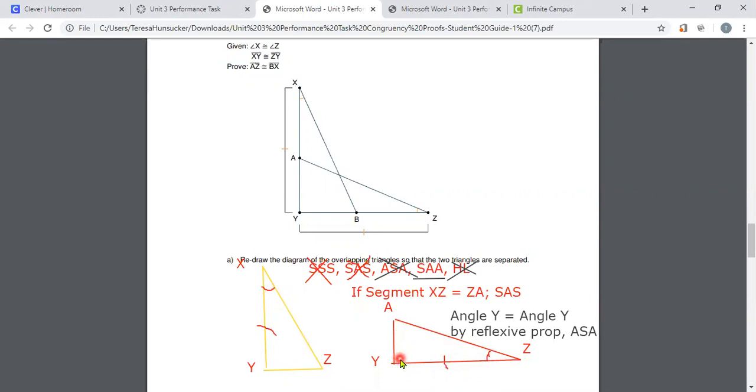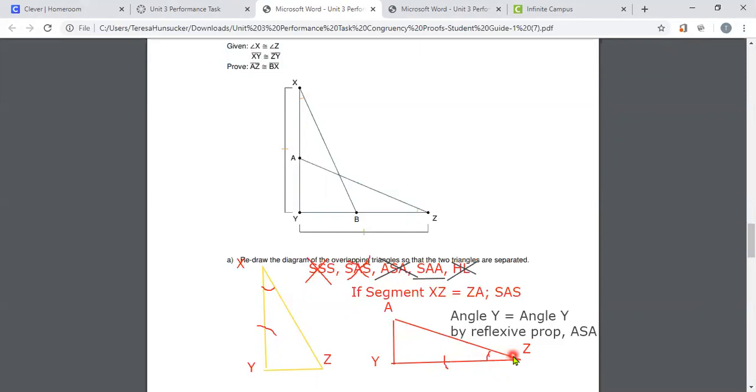If we said angle Y, it would still be angle side angle, because that side YZ is shared by both angles. When you have a shared side, it would be angle side angle. Side angle angle is when the angles that are congruent don't share a side.